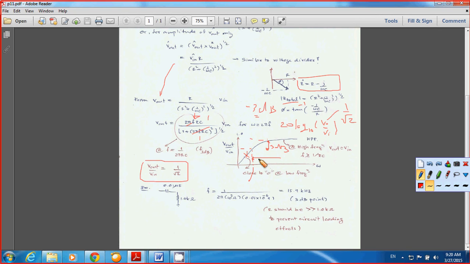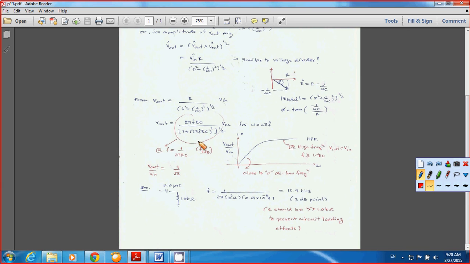But we are going to use the range from 3 dB to a higher frequency. Okay, sometimes we call that the bandwidth. You can see a clearer picture for the low pass filter. Okay, again, for the cutoff frequency of the high pass filter, as in the circuit above, the cutoff frequency is going to be equal to 1 over 2 pi RC.